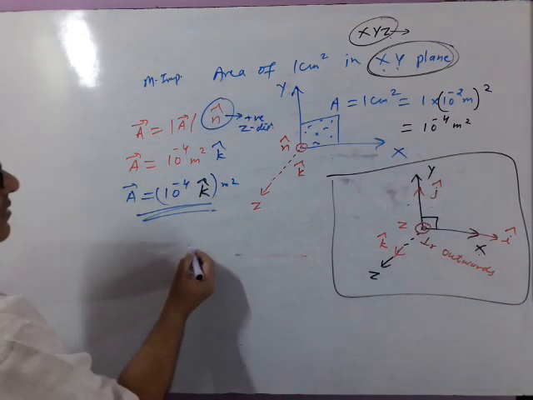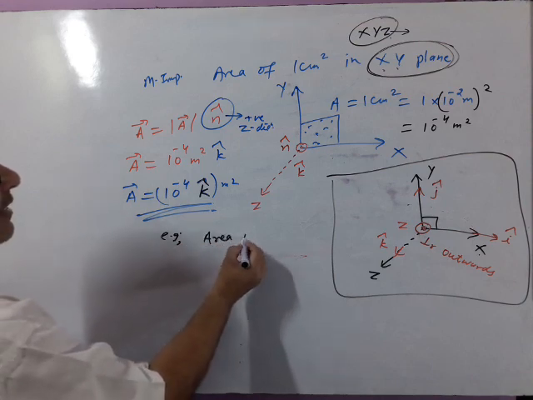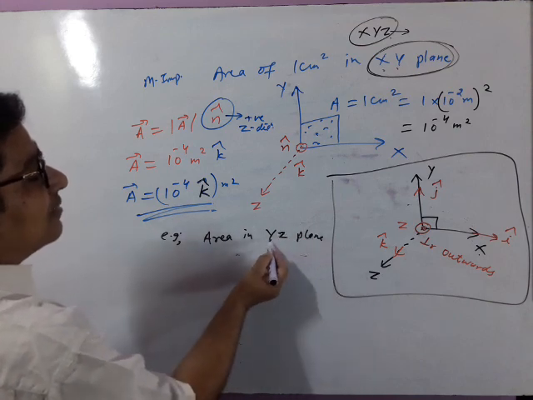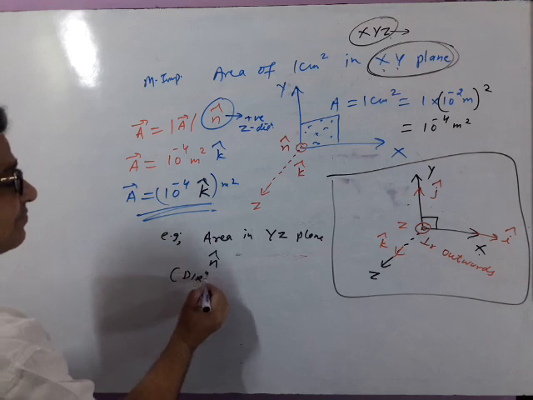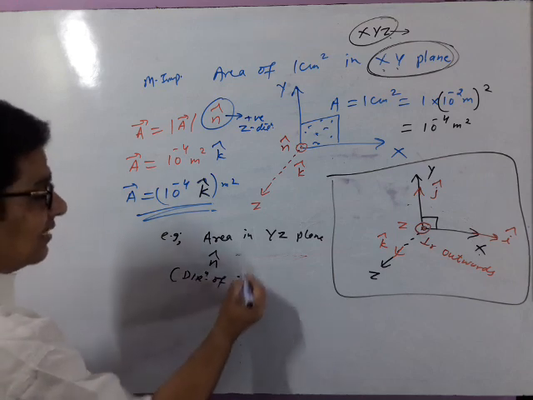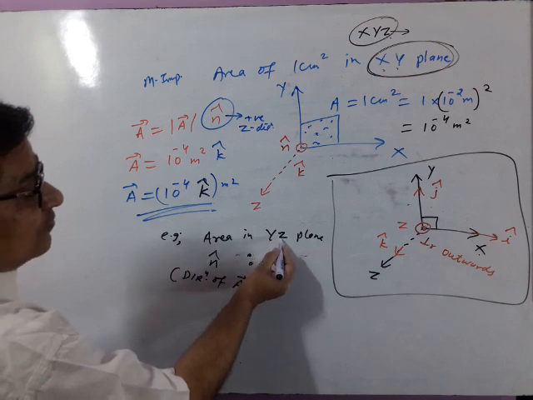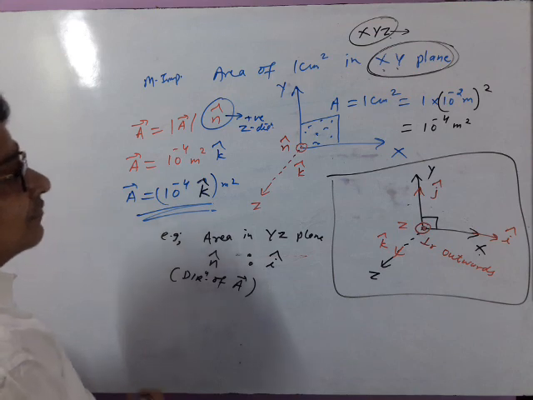This is the trick. See, for example, if I say area in the YZ plane, what is not given? X. So the direction of the area vector will be along X. Out of X, Y, Z, X is not given. So I cap. Got it?